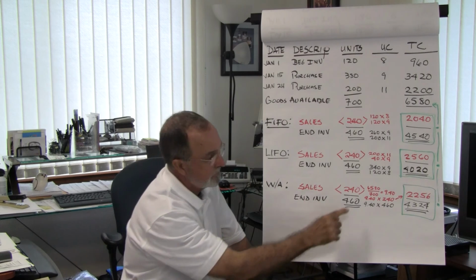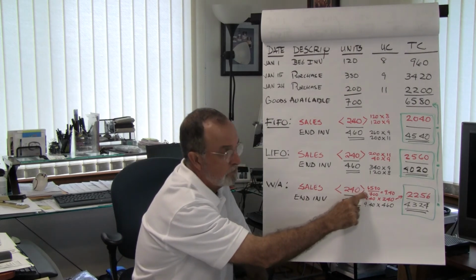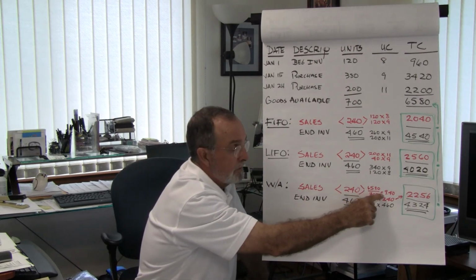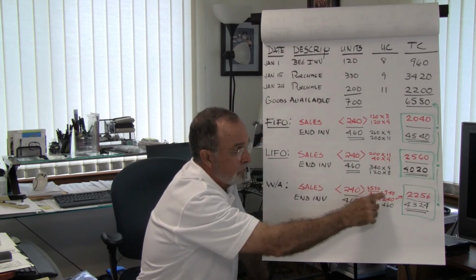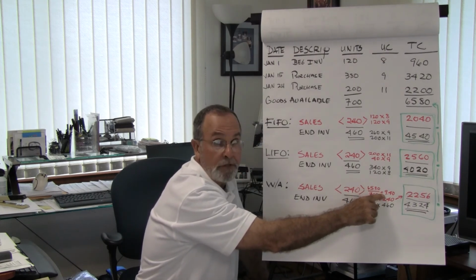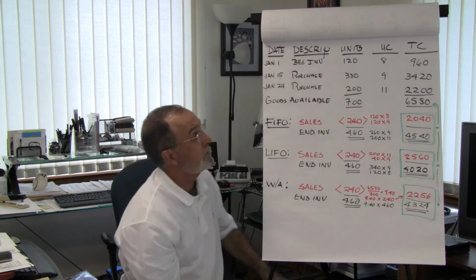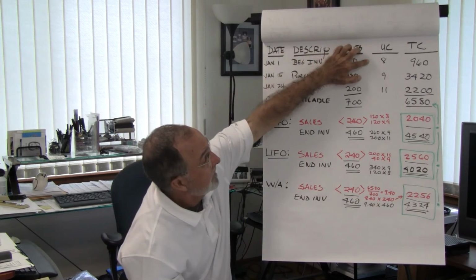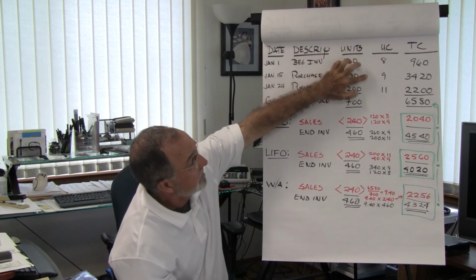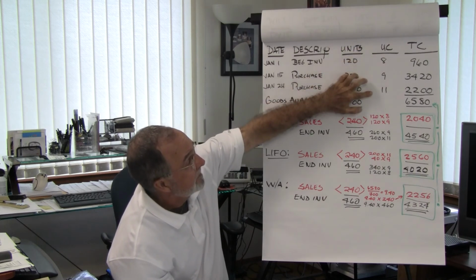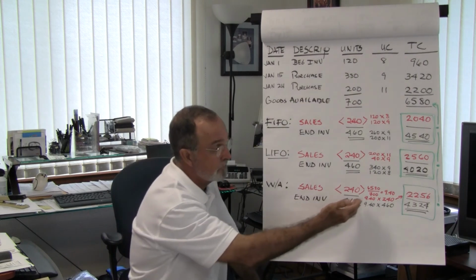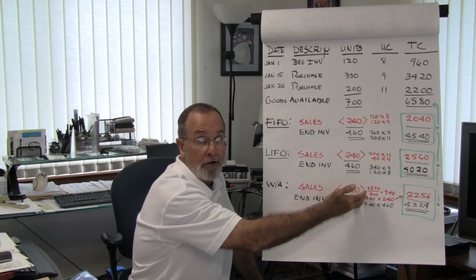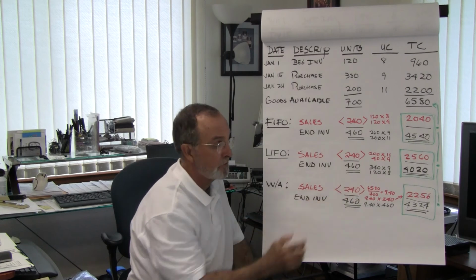And so if we simply divide the dollars by the units, we would get an average cost for the month. So when we do that, we come up with $9.40 as our average cost. Now keep in mind, we had inventory at $8, we had inventory at $9, and we had inventory at $11. And so when we do the math, our average works out to $9.40.